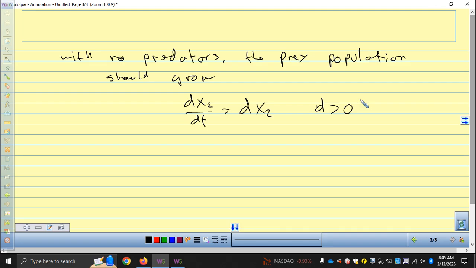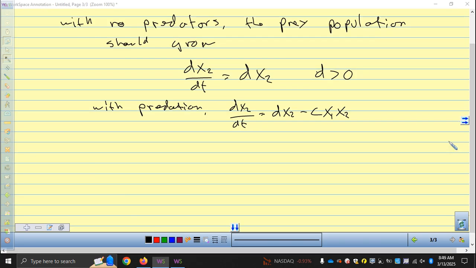We'll use c next. And then with predation, we expect the interaction between predator and prey to decrease the prey population: d x2 minus c x1 x2. I did it this way to be consistent with what the book did. I don't know why they use c and d in this order.